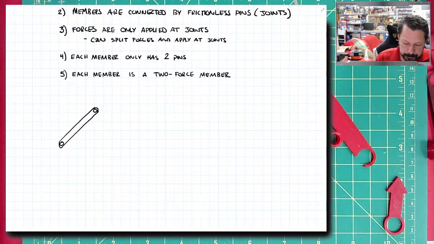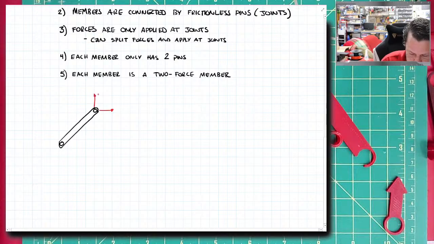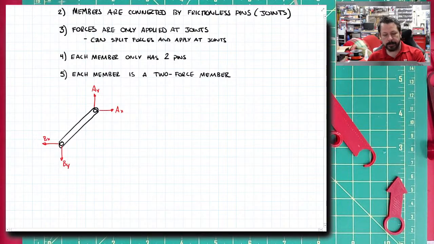But what you do is each pin has an X and a Y reaction on it. So maybe this is pin A, so this could be AX and AY. This could be point B, so this would be BX and BY. So that's how you would model it if you didn't know anything about this idea of a 2-force member.